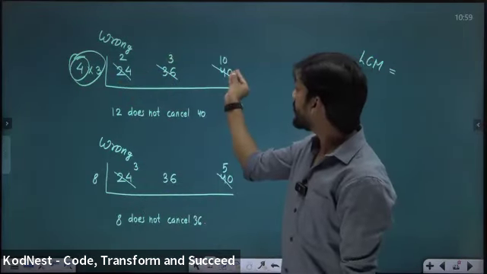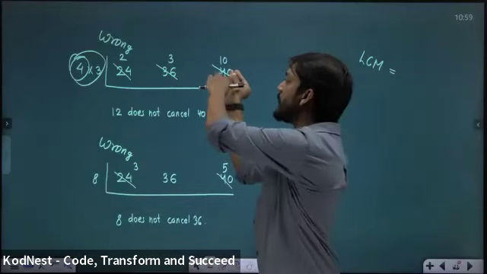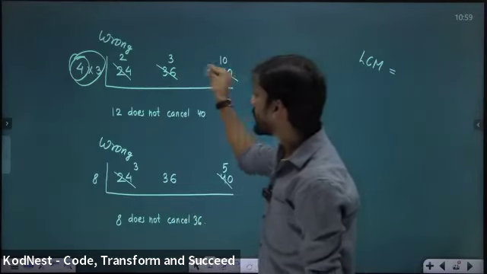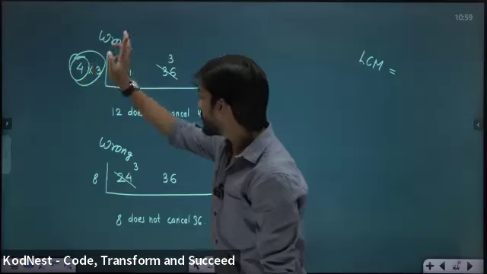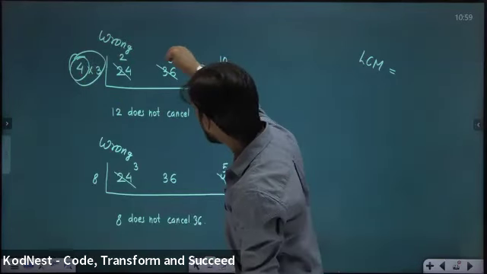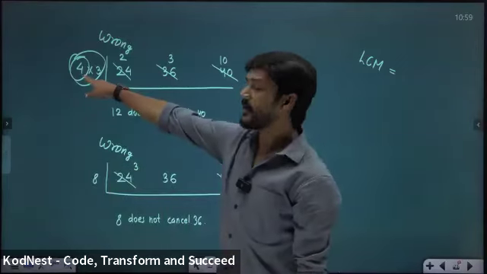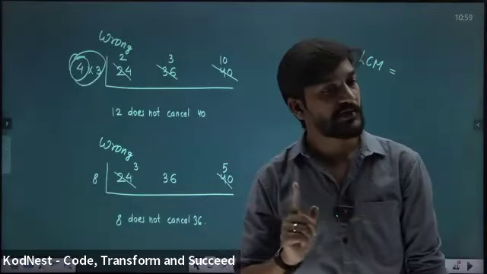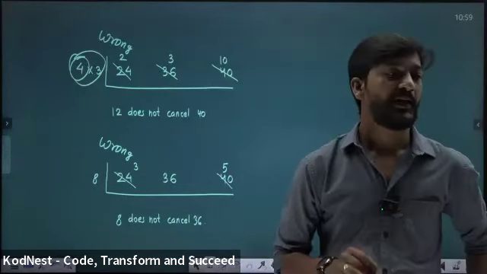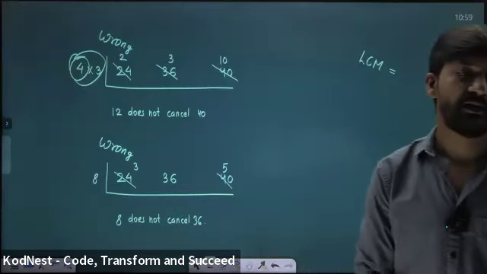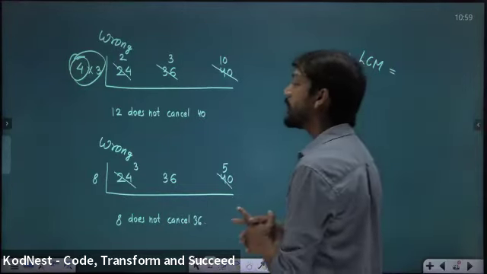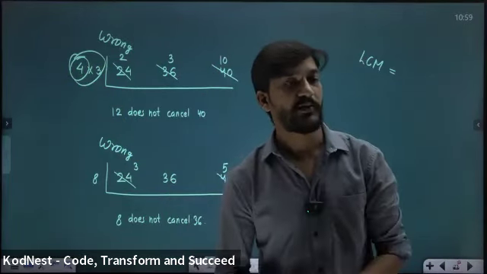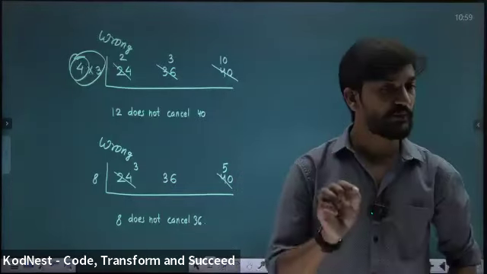But that 4 you have not taken outside from 40. If you take anything outside, you have to take it outside from all the numbers. If you have taken 4 into 3, 12 outside, so 12 into 2, 12 into 3. But this 4 also is there inside 12. That 4 you have not taken from 40. That's why the mistake is happening, which you are not able to see. Little bit of an idea, have you got it? Inside 12, there is 4 also, which is present inside 40, which you are not seeing. That's why the mistake is.